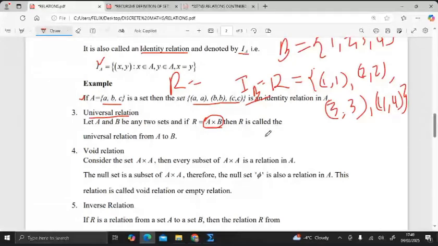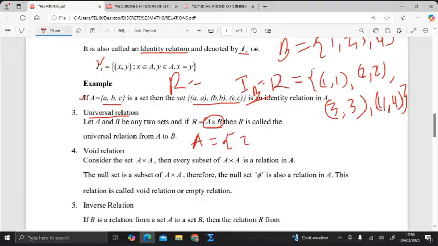A universal relation, if we obtain all ordered pairs of A, is simply the Cartesian product of two sets, what we did even last time. If we obtain the Cartesian product of any two sets, you must exhaust all members.